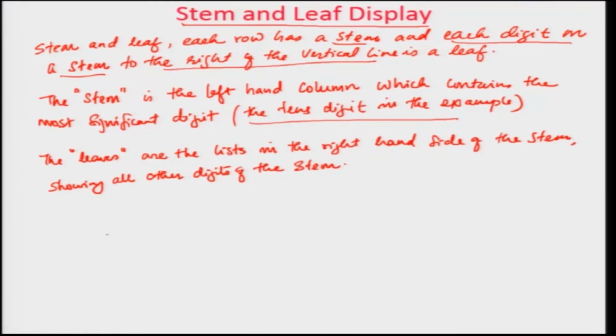So, for example, what happens is if you have 40, it is easy, you can say 4 and 0.